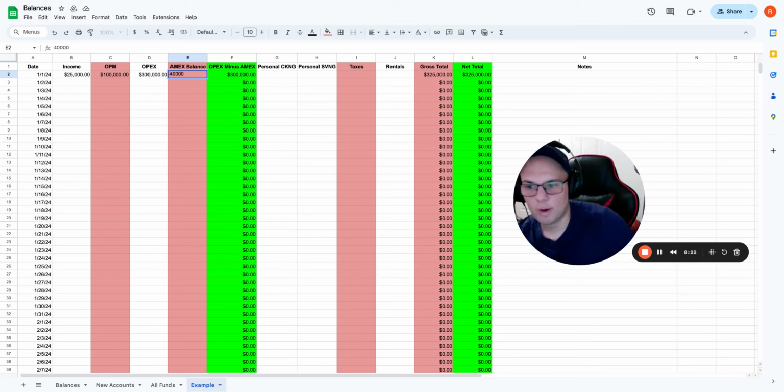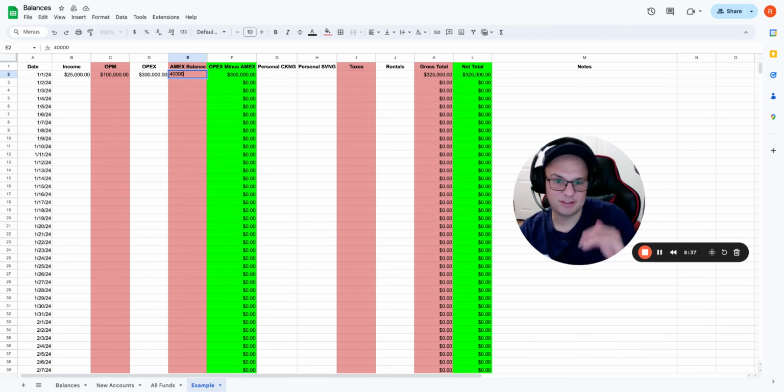Watch what happens. Once I hit enter, my operating expenses minus Amex account is going to drop down to 260,000. My gross total account should remain the same at 325, and then my net total should drop down by 40 grand to 285. I'm sorry, 260, 325, and 285 if I'm doing my mental math correctly.